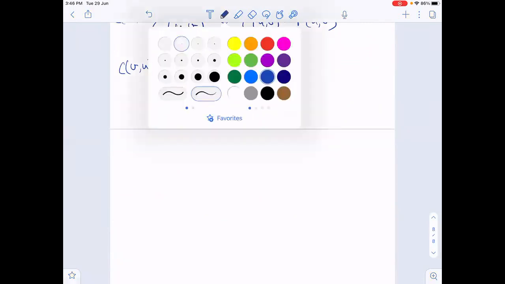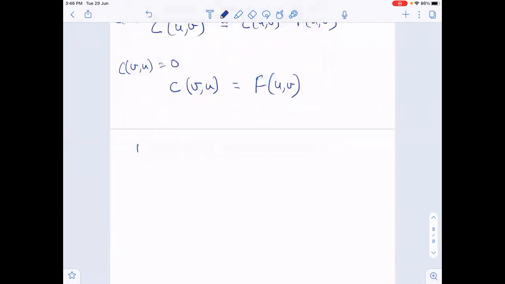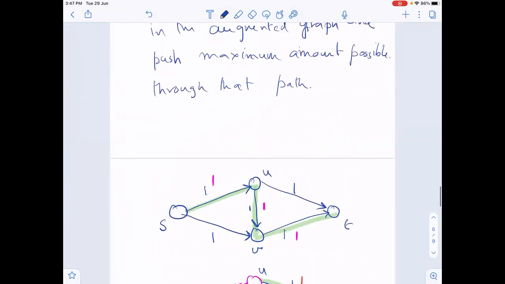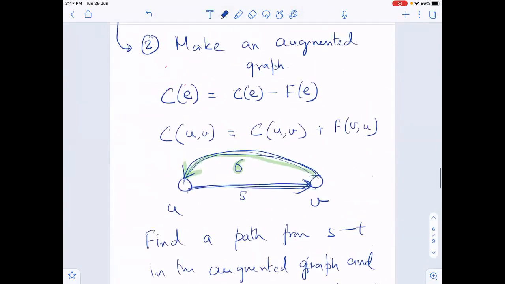So where are we now? One thing is that this algorithm I will call the Ford Fulkerson algorithm. Now see, every time this finds a path, it finds the minimum and updates it.